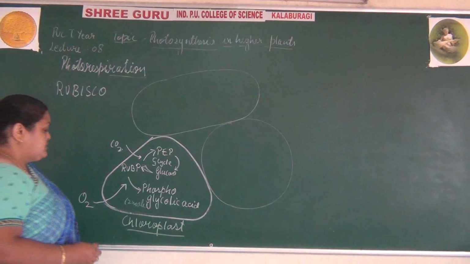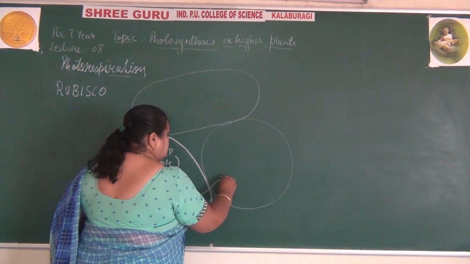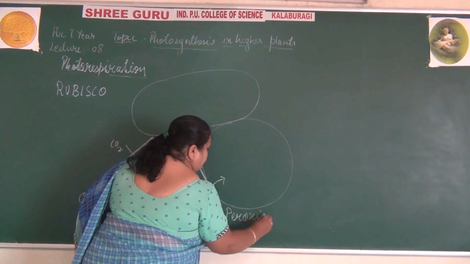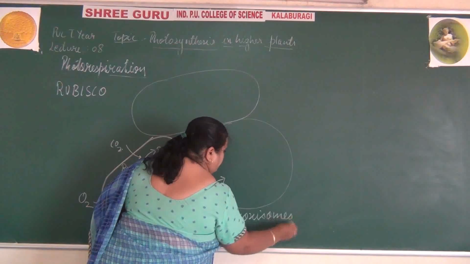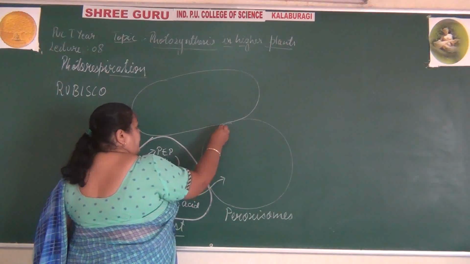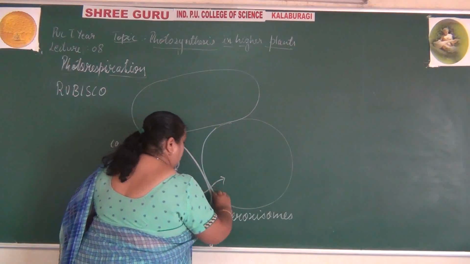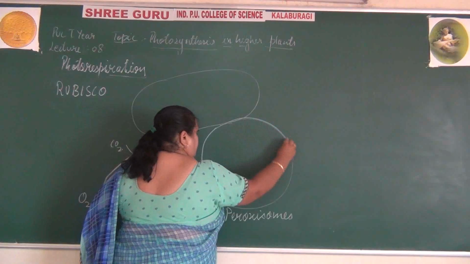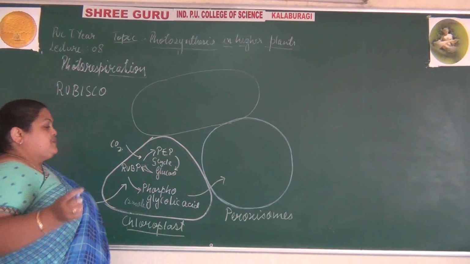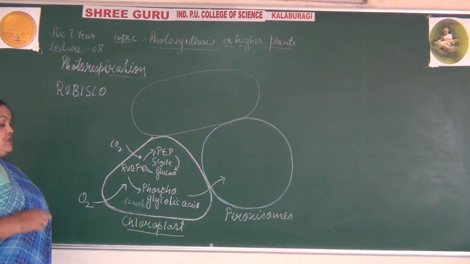From the chloroplast, this phosphoglycolic acid enters into peroxisomes through the plasmodesmata or diffusion process.